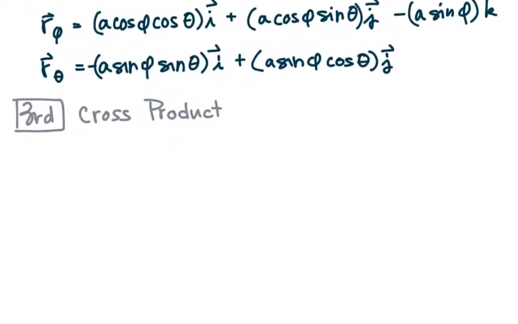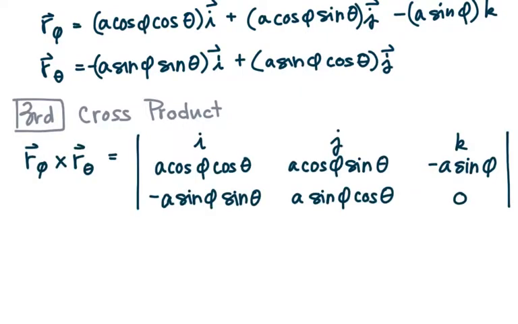So using our partials, my cross product is going to look like this. I've got i, j, k. I've got my components from r sub phi, and then my components from r sub theta.